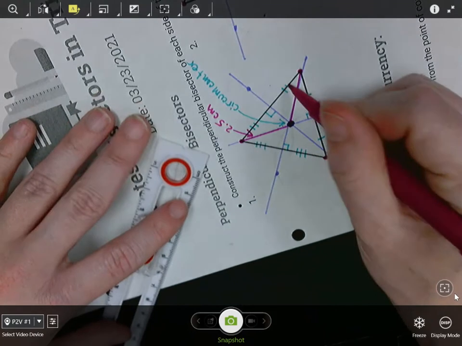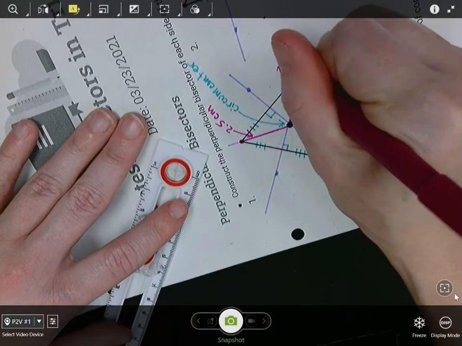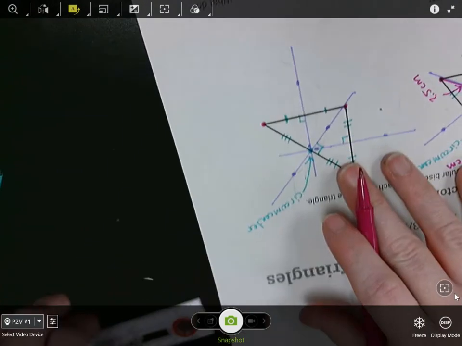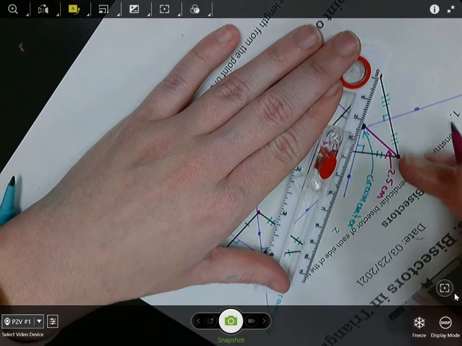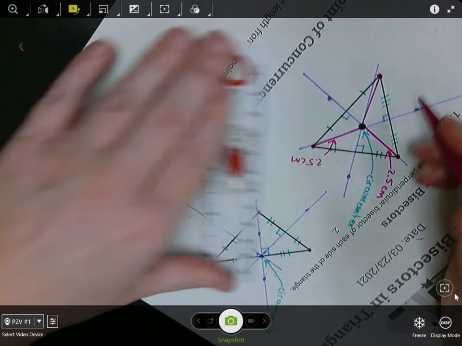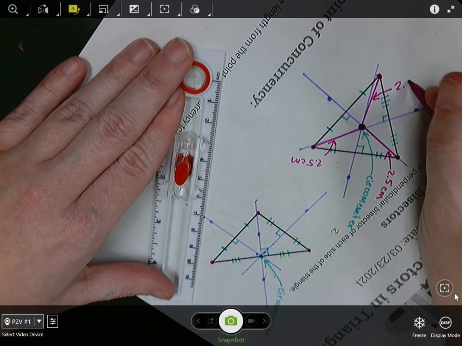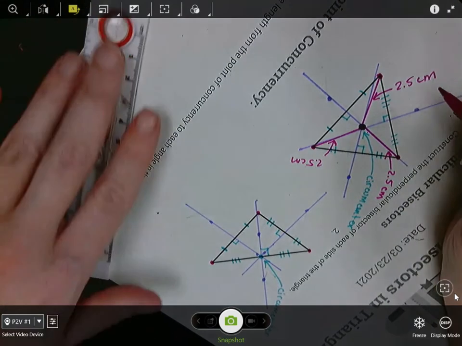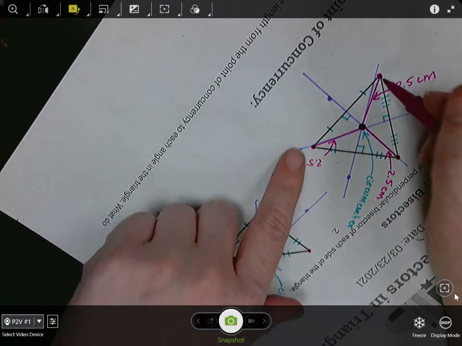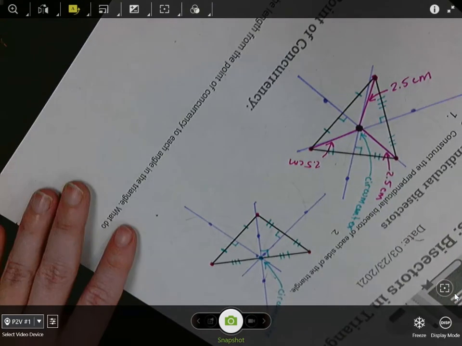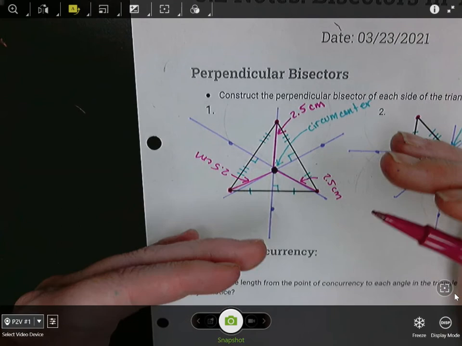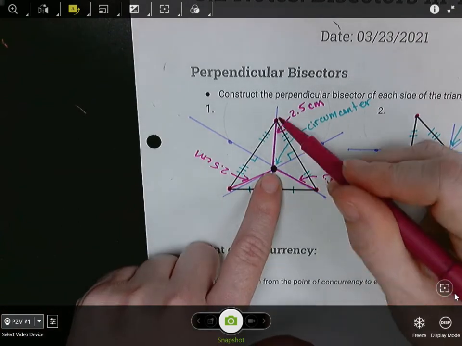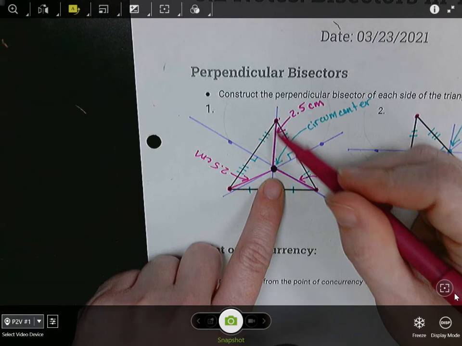What do you think the third one's going to be? 2.5. What do you know? From there to there is also 2.5 centimeters. So the circumcenter is the same distance to the corners, the vertices, of the triangle. Even though it cuts the sides in half, it's the same distance to all three angles.